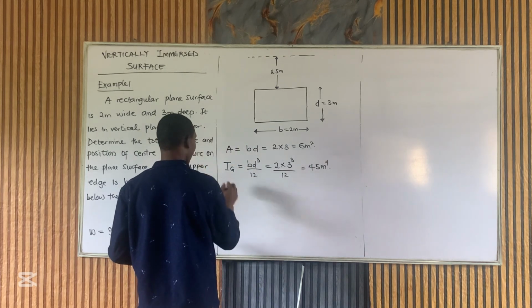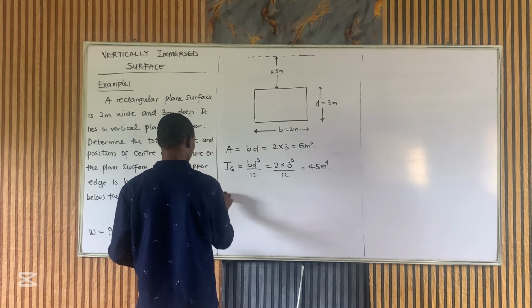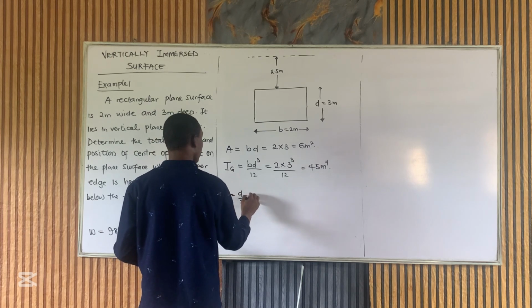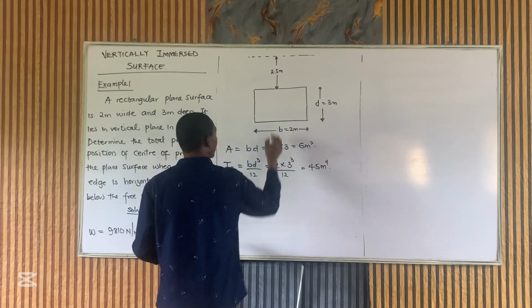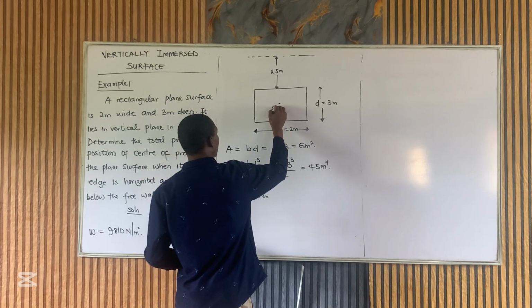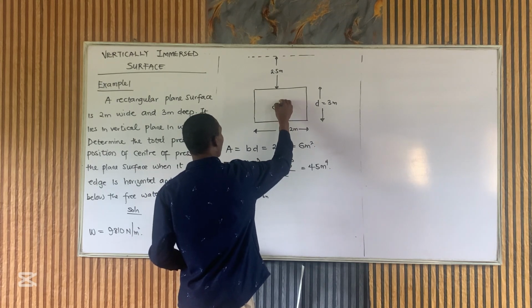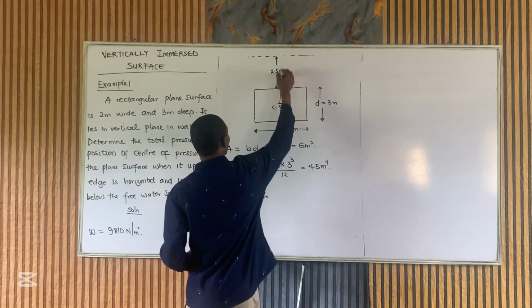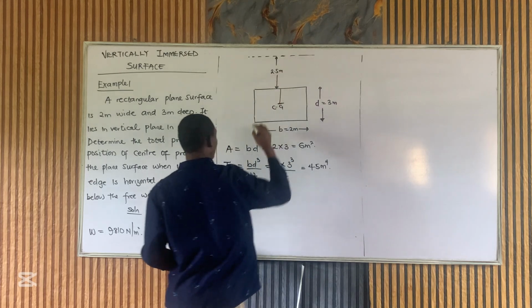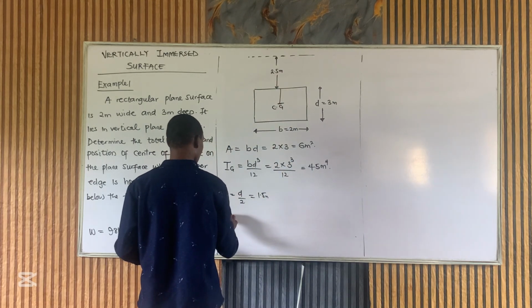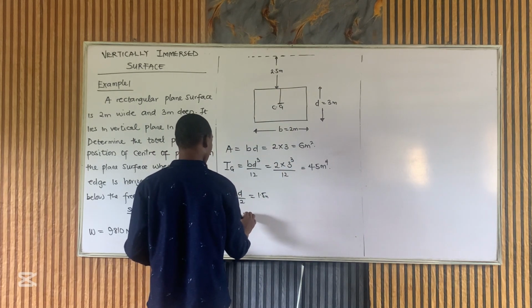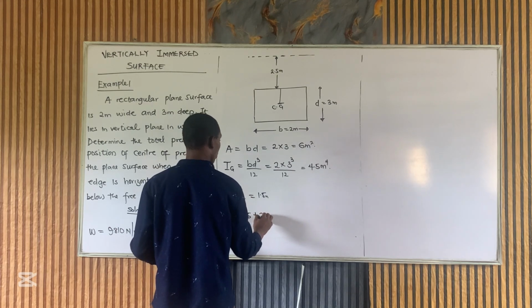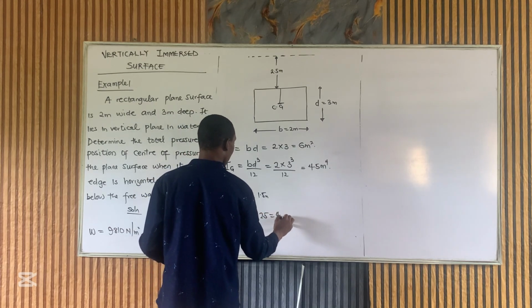And then the center of gravity is simply the depth over 2, which is 1.5. This is where the center of gravity then should be. Center of gravity. And from here to here should be 1.5. Then from here to the top of the free water surface will simply be, that's my x bar, 1.5 plus 2.5, which is 4 meters.